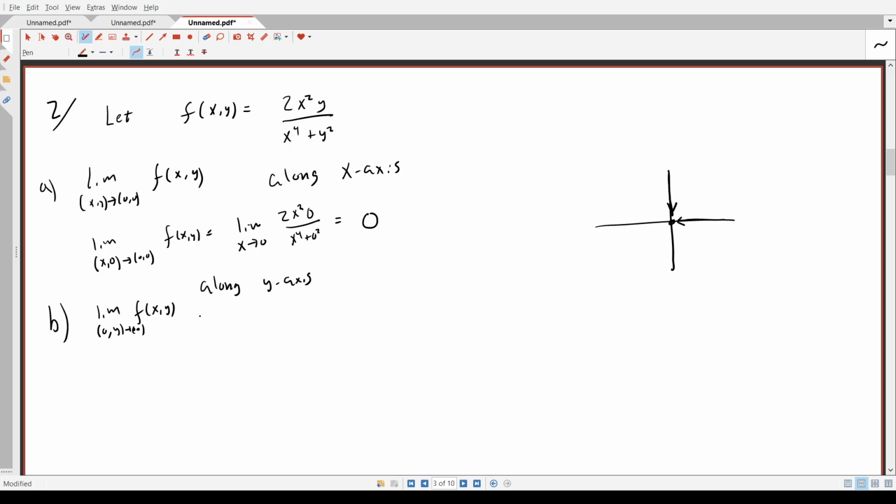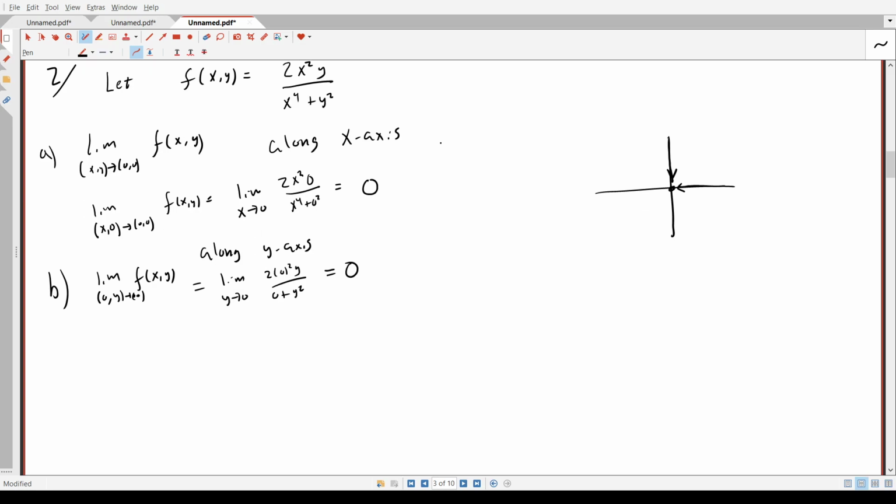This is the limit, but this time y is going to 0. And we have 2 times 0 squared times y over 0 plus y squared. And same thing, we get 0. Okay, that's fine, because even if the limit doesn't exist, it doesn't mean all of these limits are going to be different. It just means at least one of them is different.